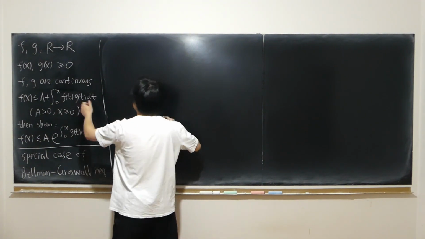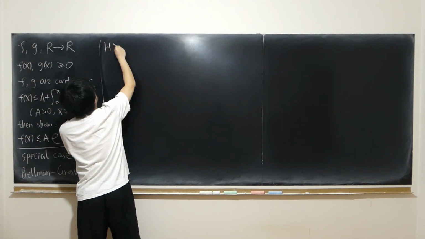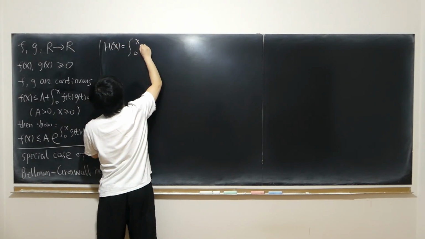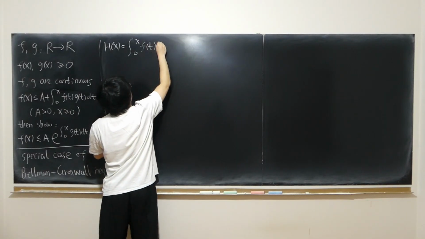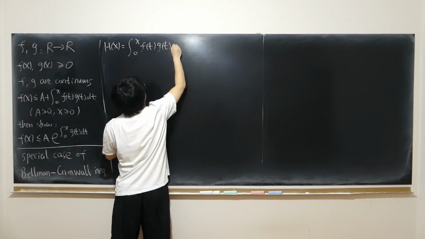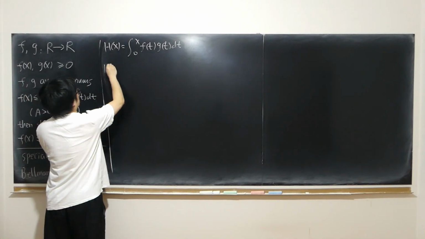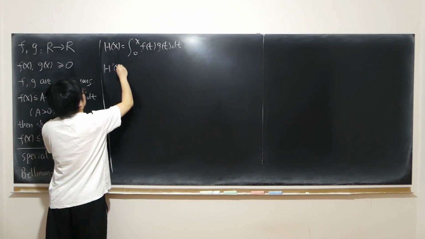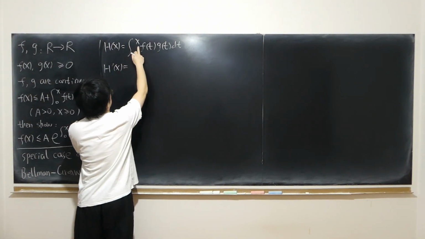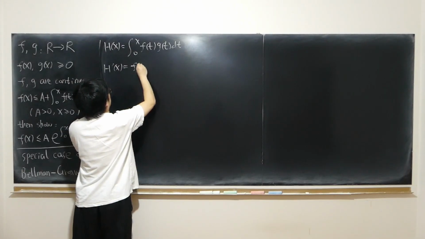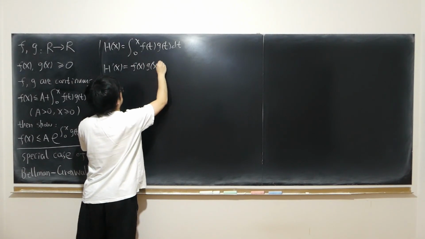So h of x equals the integral from 0 to x, f of t, g of t, dt. Now, quickly we can work out its derivative. Since its changing upper bound is x, we just replace t with x everywhere: f of x times g of x.